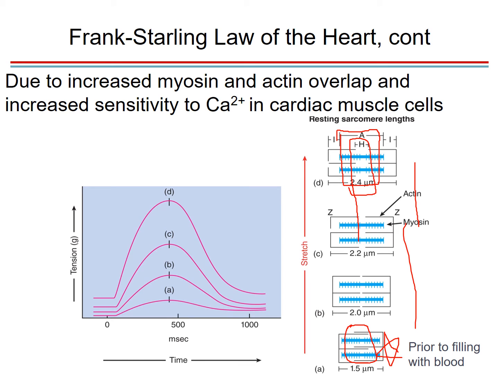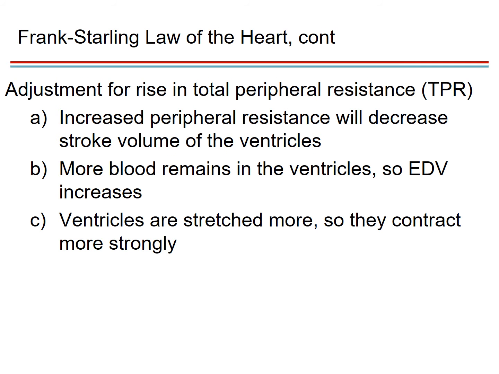Okay, so stretching, like what we see here, is also going to increase the release of calcium. And just like with skeletal muscle, cardiac muscle has sarcoplasmic reticulum that surrounds the myofibrils, and so increased stretching allows increased release of calcium from that sarcoplasmic reticulum.